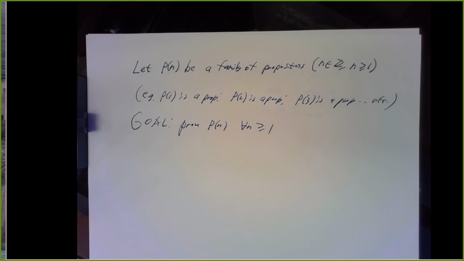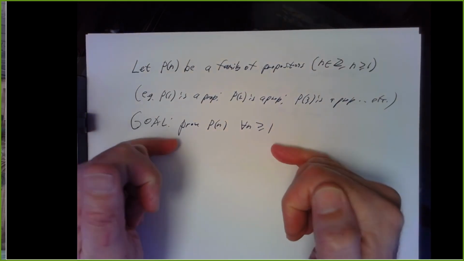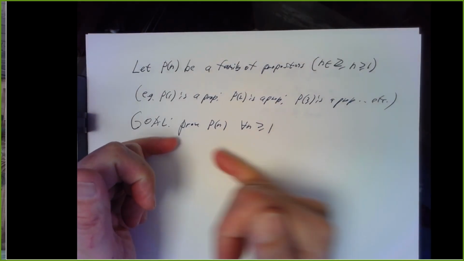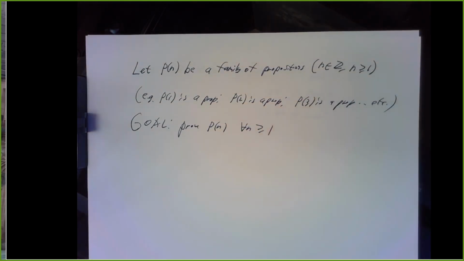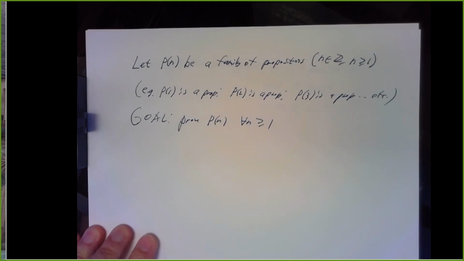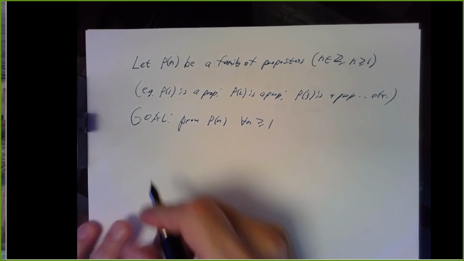And in general, to prove that P of n is true for all n, well, if we prove these one at a time, we need an infinite number of proofs, because there's an infinite number of integers bigger than 1. But there's a shortcut we can take sometimes. So our goal is to prove P of n is true for all n bigger than or equal to 1.